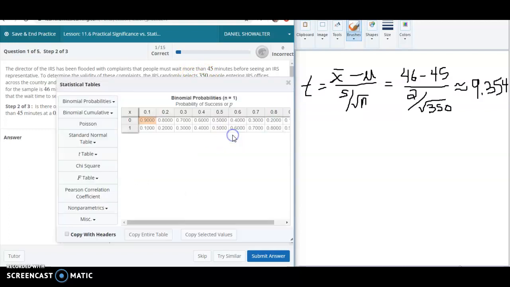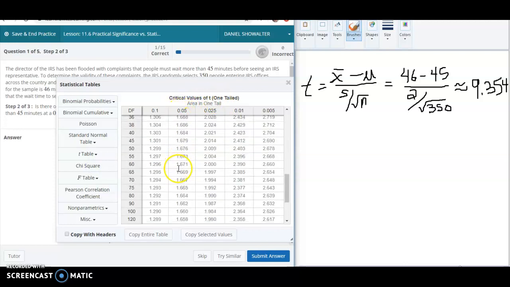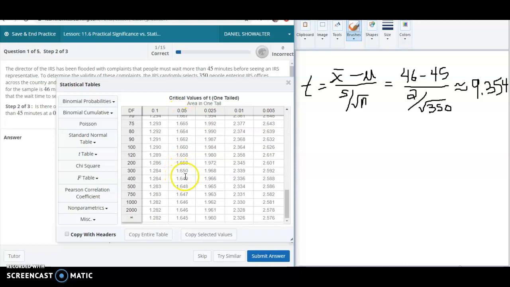Now let's check out what our table says here. So we have 0.05 in one tail, and degrees of freedom, we're sitting at 349, which we're not going to find. It's somewhere between these two numbers. I tend to go upwards just to be more conservative, so that would be 1.65 as our critical value.